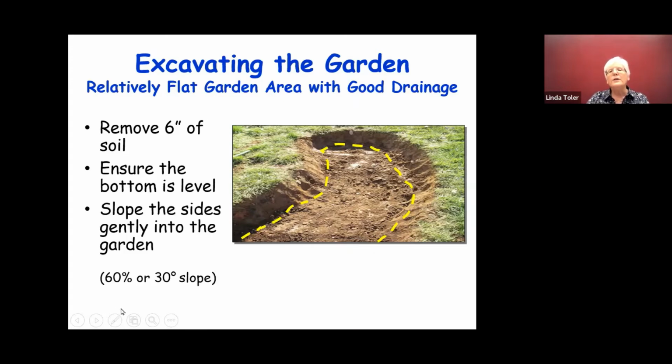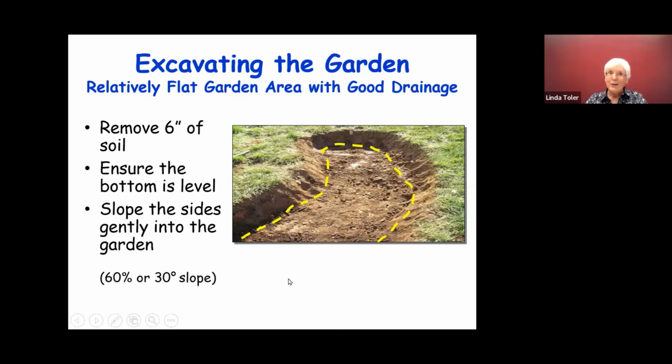Now, the other thing we need to do while we're digging out our garden is ensure that clods of dirt from the sides don't fall into the garden, because after a while, that's going to reduce the depth of the garden. So they recommend that we slope the sides of the garden in to the bottom of the ponding area. And they recommend a 60 to 30 degree slope.